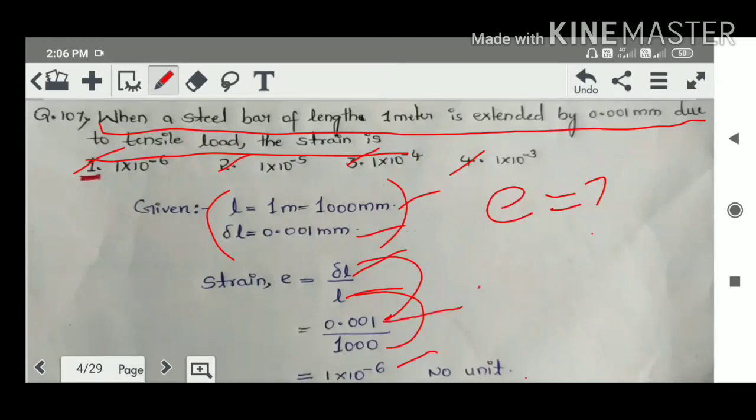Here the change in length is in mm and the original length is also in mm, both mm get cancelled, and strain has no unit. So the correct answer for this question is option number 1, 1 into 10 raised to minus 6.